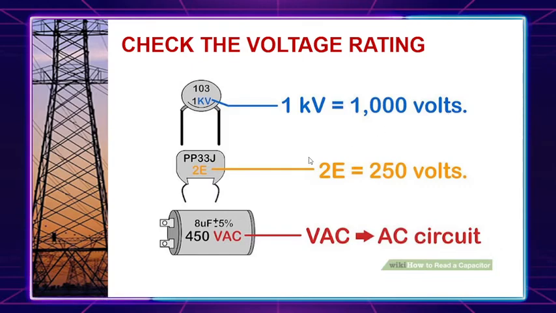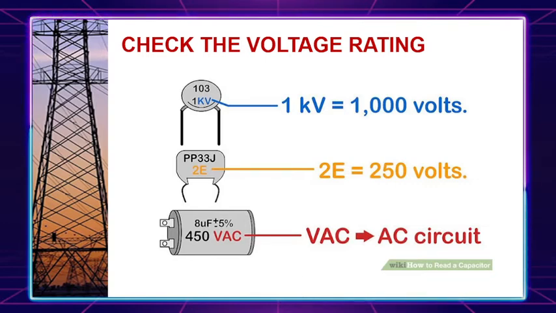Another thing is the letters. Okay. Look at the next component. PP33J has a 2E. The 2E pertains to 250 volts. And we also have VAC. So VAC means AC circuit. So what's the meaning of this?